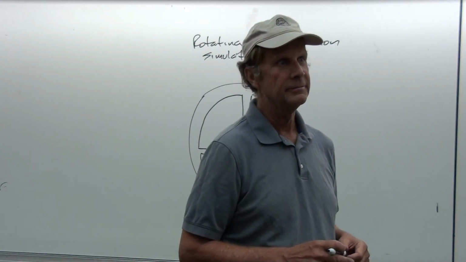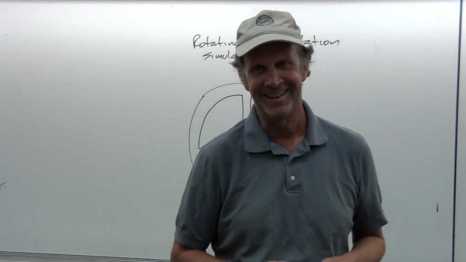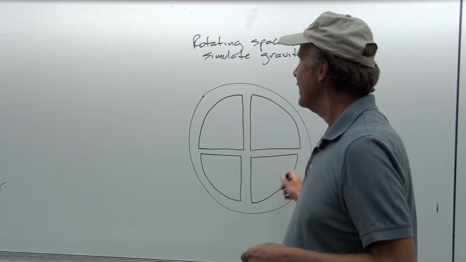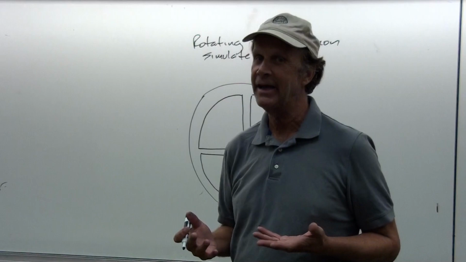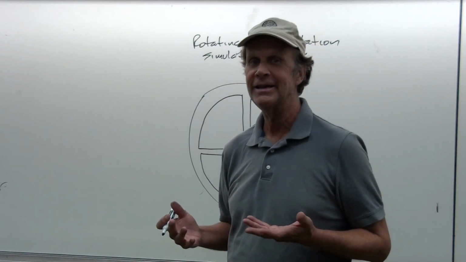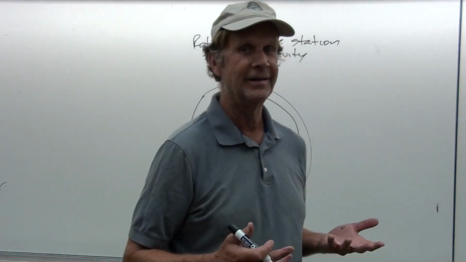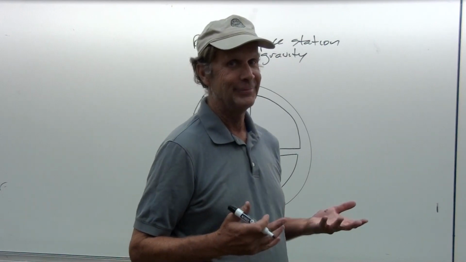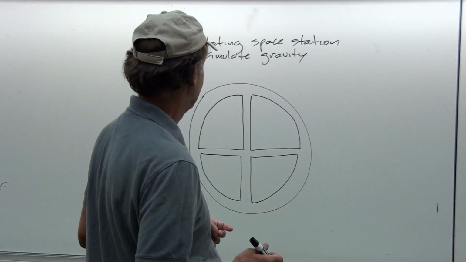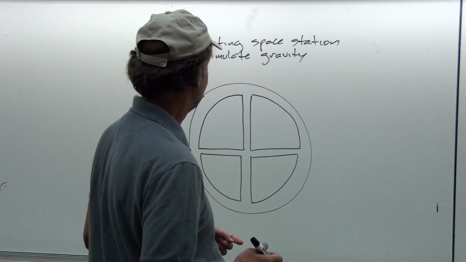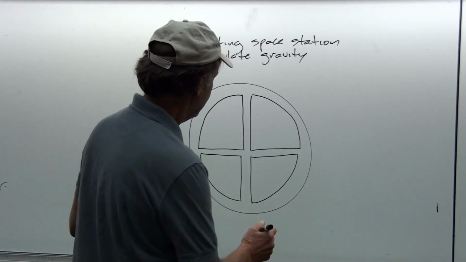Basically a big pile of junk. I'm not saying it's worthless, but in comparison to what we could have had, a really cool rotating space station like what you saw in 2001, if you ever saw that movie with Arthur C. Clarke, who wrote the book for that. But anyway, here we go.